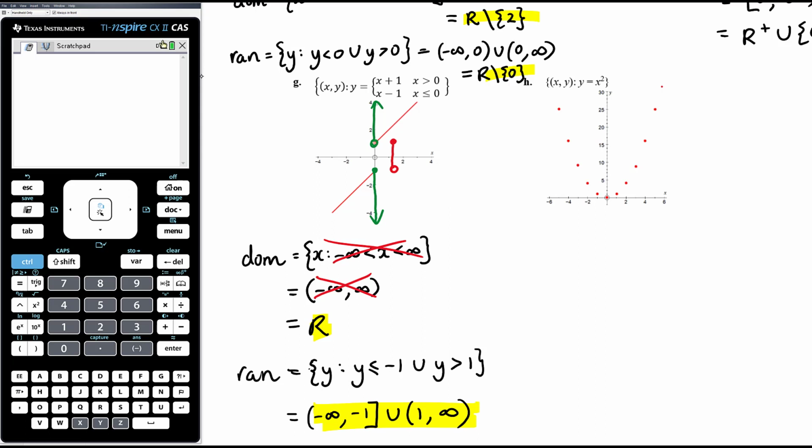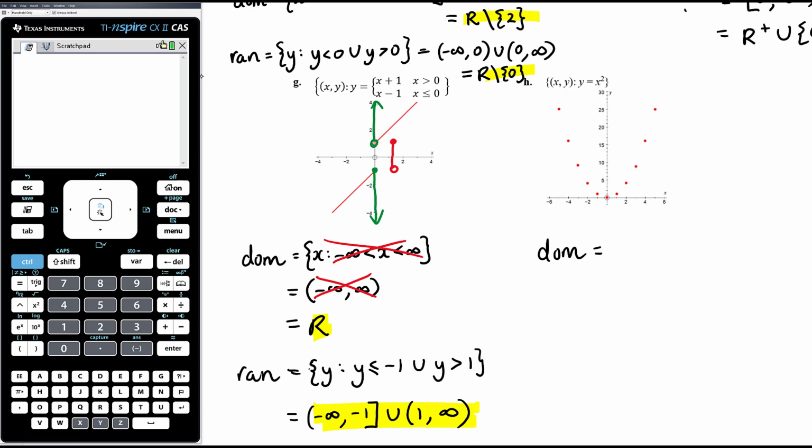Let's assume it does. So if we wanted to talk about the domain here, the domain is just when x equals 0, when x equals 1, when x equals 2, 3, 4, 5, 6, 7, -1, -2, etc. So it's just the positive and negative whole numbers, including 0. They are integers. The domain is the set of integers.